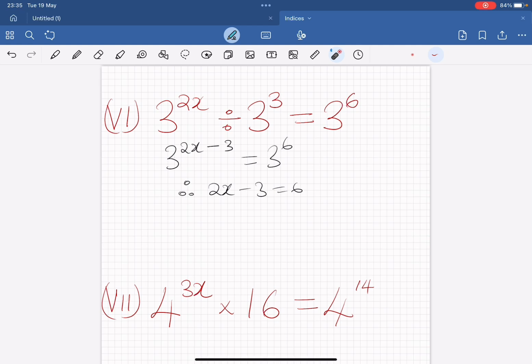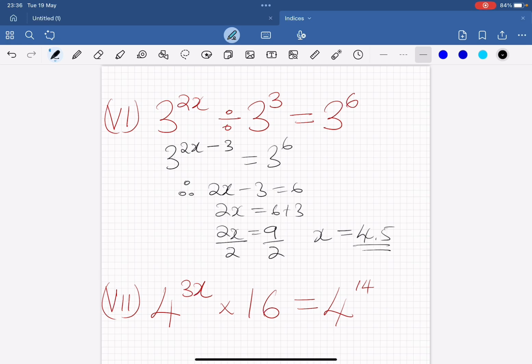Now, this is a simple linear equation where if I take the negative 3 to the other side, it's now a positive. So I would rewrite this as 2x is equal to 6 plus 3. Now, 6 plus 3 is 9. Then I divide out by 2 both sides. 9 over 2 is 4.5.